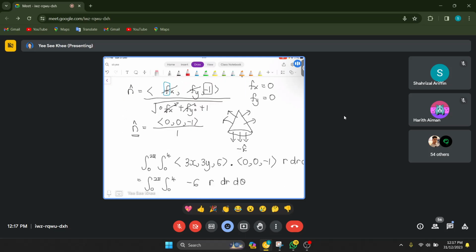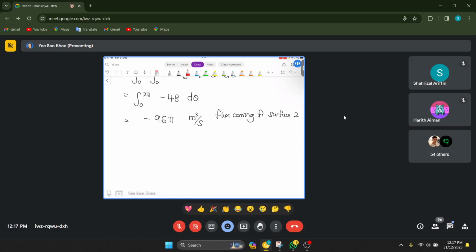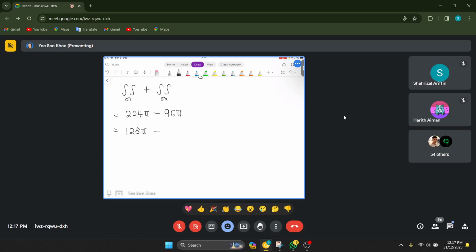Let me do this. From surface 1 plus surface 2, it will be 224 pi minus 96 pi, so you get 128 pi. This answer will be the same as the answer from the divergence theorem.